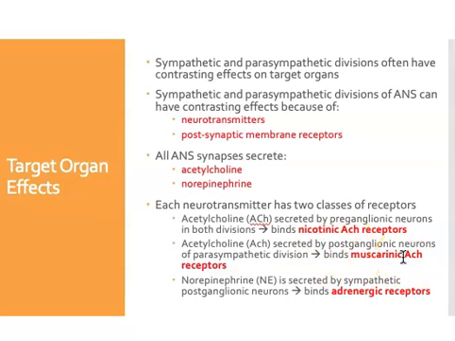Now, what about the sympathetic side? We said that in both divisions, acetylcholine gets released by the preganglionic neuron. But on the sympathetic side, it's norepinephrine that gets released by the postganglionic neuron. And it's going to bind to receptors called adrenergic receptors.